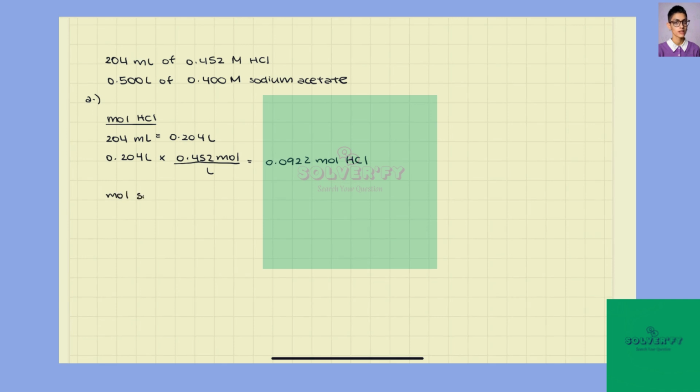Next, we need to find the moles of sodium acetate. We do not need to do any extra conversion because it is already in liters, and we can directly do the multiplication to find the number of moles.